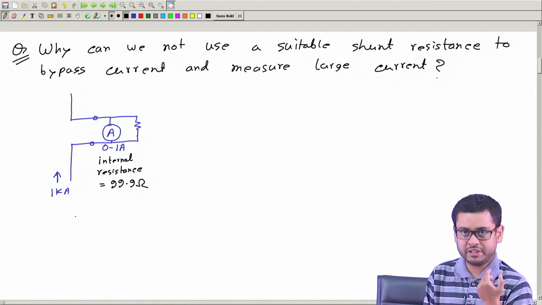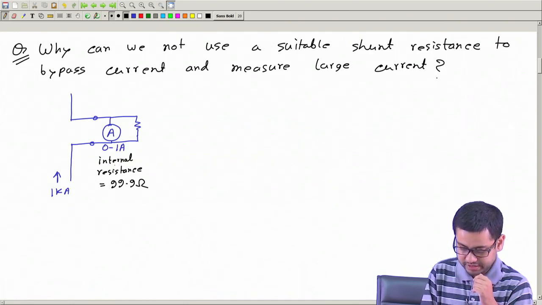Okay. This is just an example. Okay. Say this is the internal resistance.